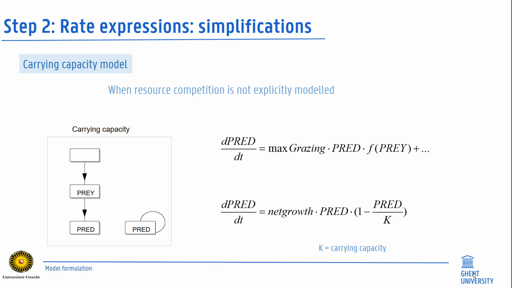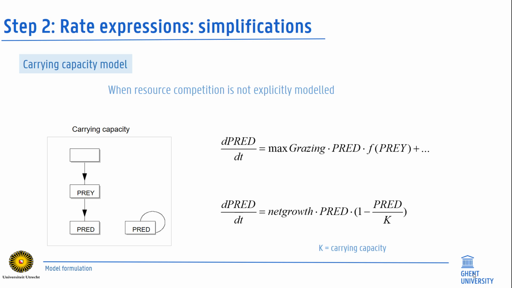A final and very commonly used simplification is the introduction of carrying capacities to the model. These are used to model density-dependent competition processes, eventually leading to stable maximal population sizes. In ecology, these maximally attained population sizes are typically referred to as the carrying capacity of the system.